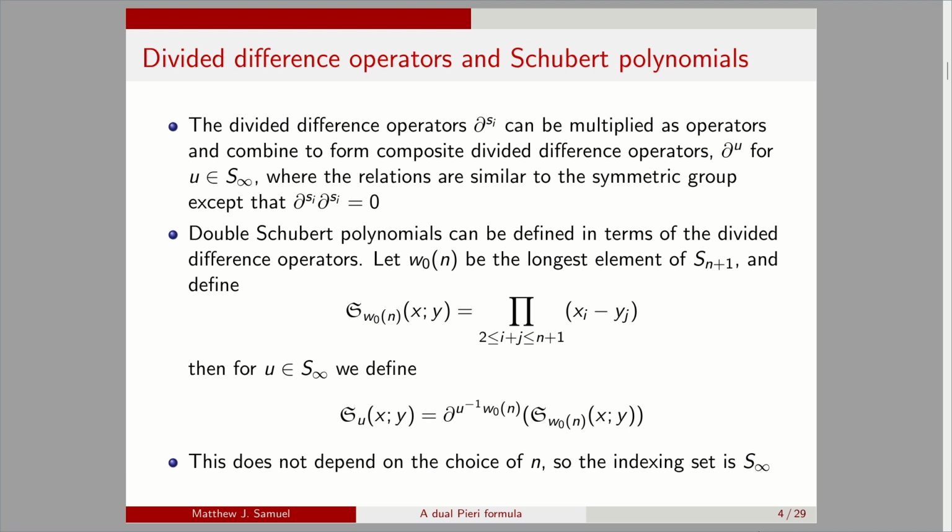Then, for any u in S_infinity, to define the double Schubert polynomial S_u(x,y), we apply partial_{u^{-1} w_0^(n)} to S_{w_0^(n)}(x,y). Now, this may apparently depend on the choice of n, but it in fact does not. So, the correct indexing set of the double Schubert polynomials, by this definition, is still indeed S_infinity.